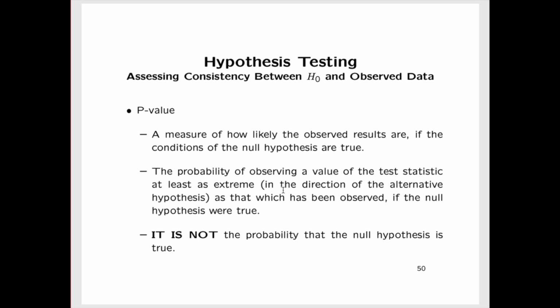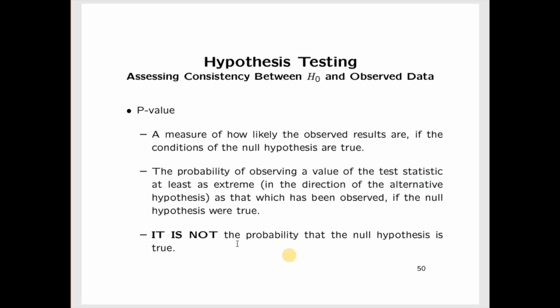In particular, it's the conditional probability of observing a value of the test statistic at least as extreme as that which has been observed if the null hypothesis is in fact true. So conditional on the null hypothesis being true. And again, when we talk about at least as extreme, what we're talking about is in the direction of the alternative hypothesis.